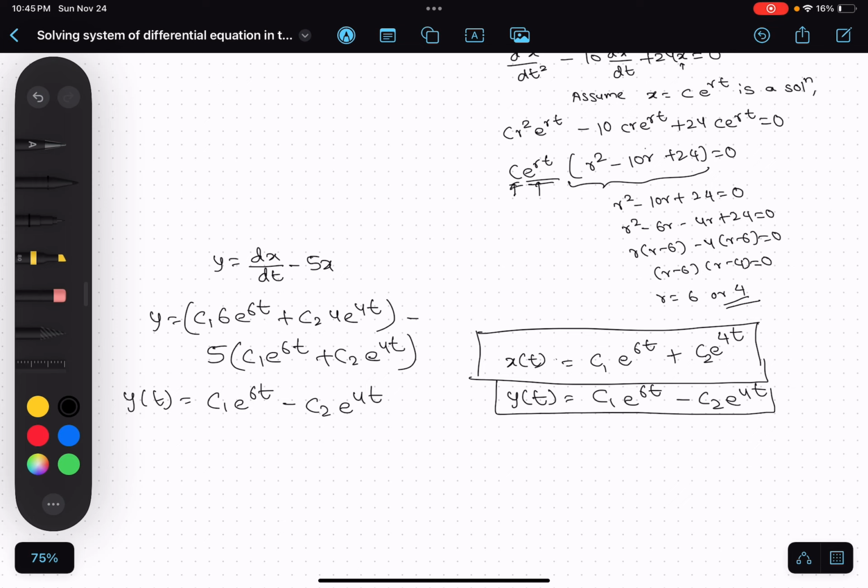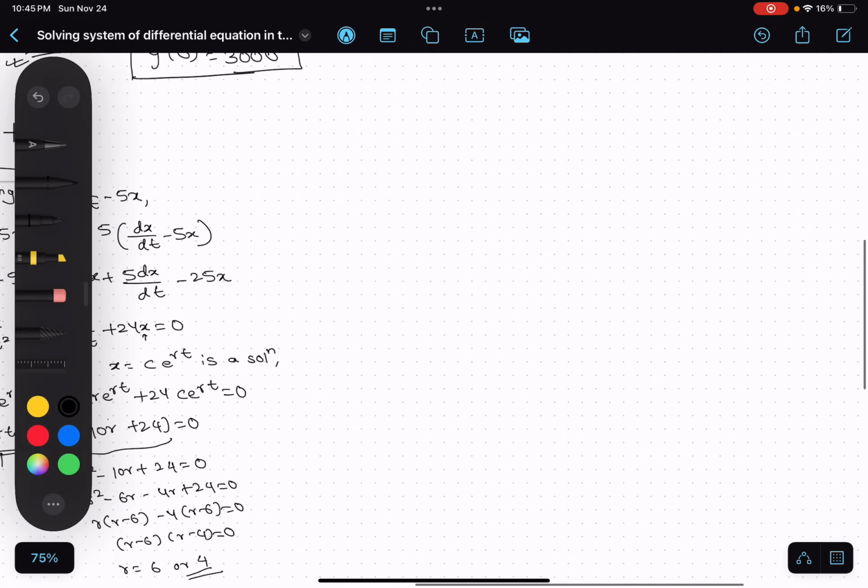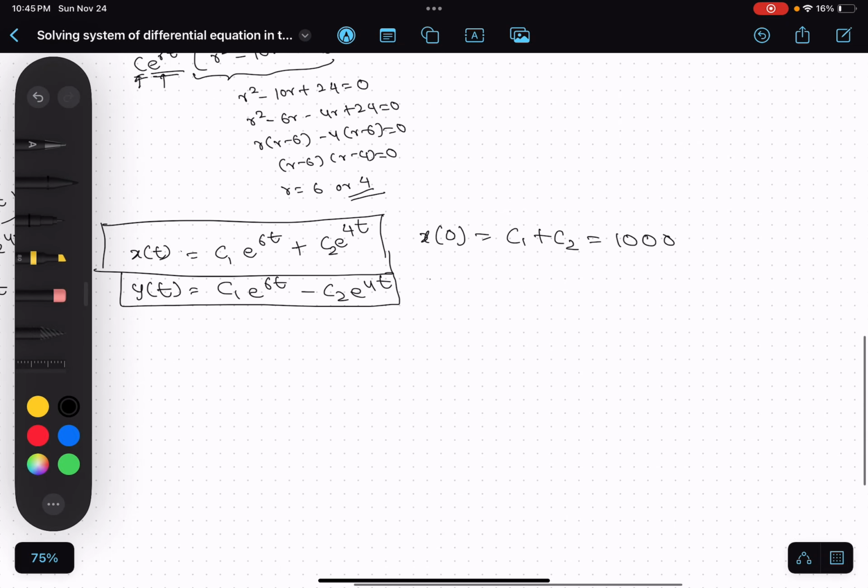Now you can just substitute the initial values and find c1 and c2. We know that x of 0 is c1 e to the power 0 plus c2 e to the power 0, and this is 1000, right? And y of 0 is c1 e to the power 0 minus c2 e to the power 0, which is 3000.